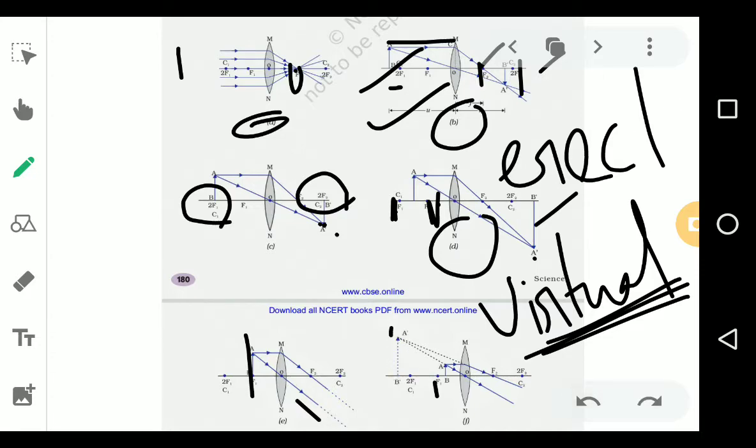Okay, so this A dash and B dash is the image. If you extend these refracted rays back, as imaginary lines, they will be meeting and you will be getting the image beyond 2f1. The image is also virtual and erect.